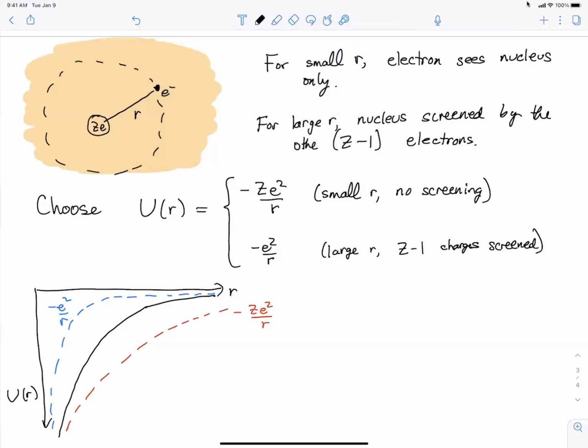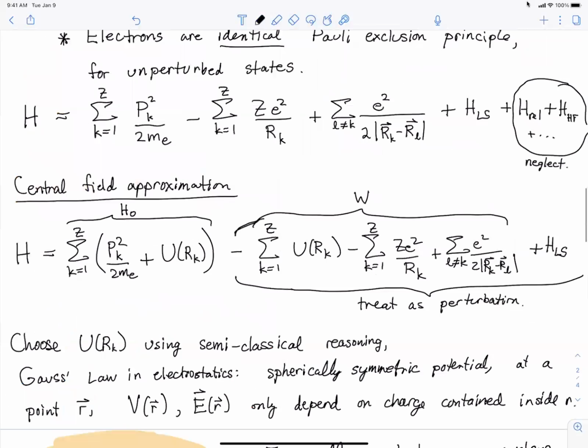So here's your goal. If we go back up here, we're splitting our Hamiltonian into an H0 part and everything else. We want to choose U of R so that the unperturbed Hamiltonian is going to be the big effect, and this is going to be a small effect, either as a variational principle or as a perturbation theory. So you kind of have to play around with U of R in order to make this valid as a perturbation.